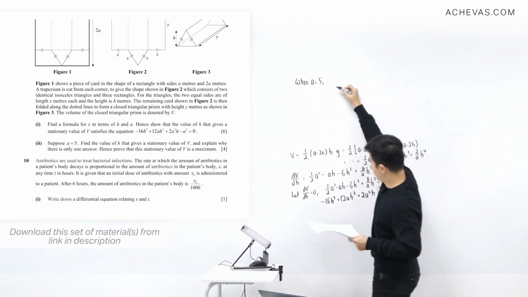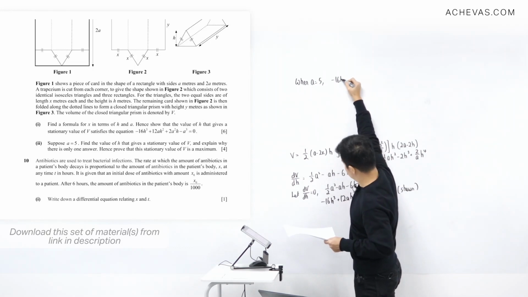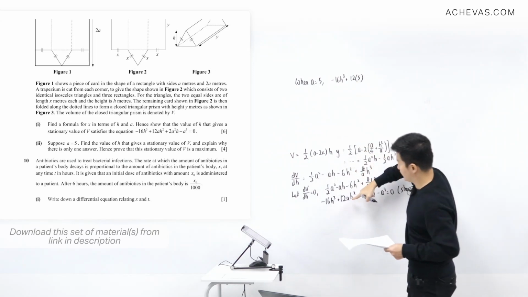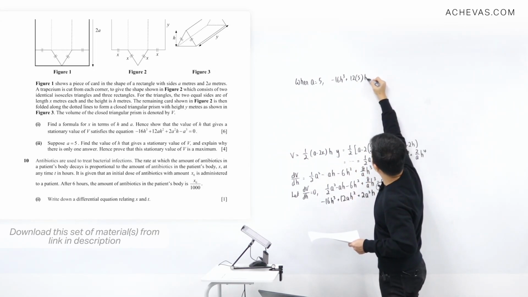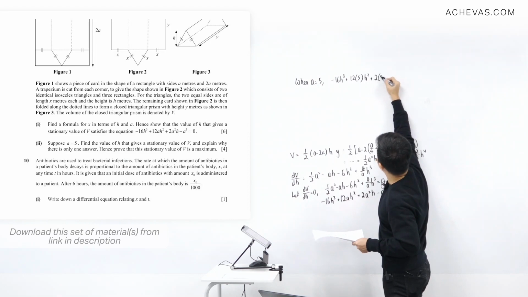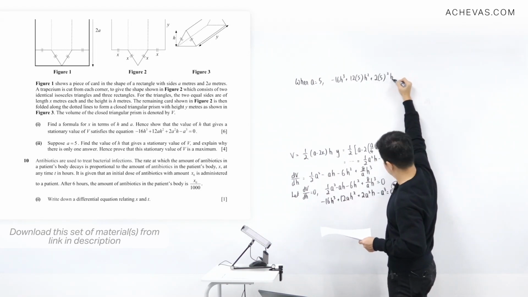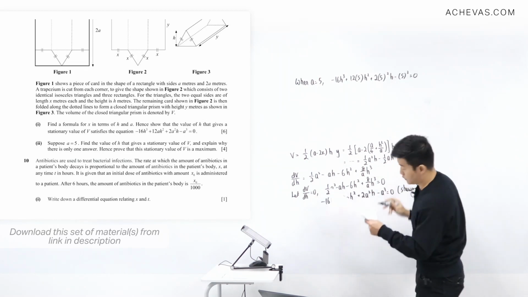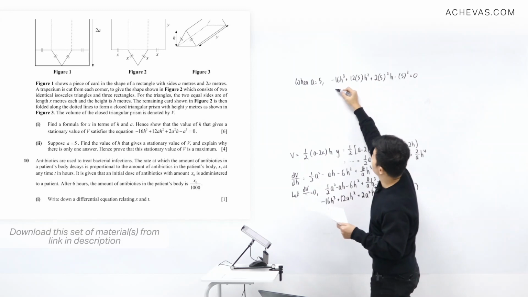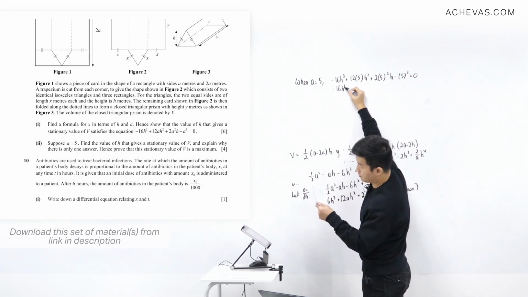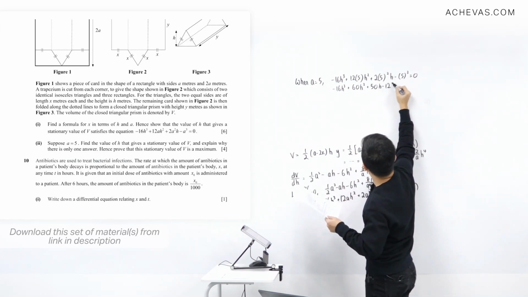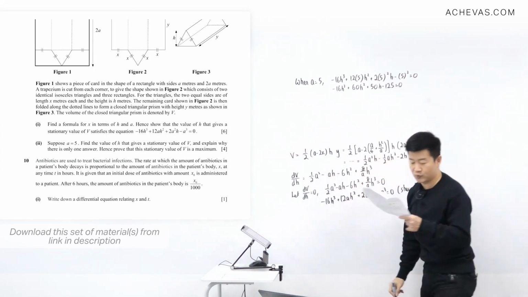So this equation will become negative 16h cubed plus 12 times 5, a is going to be replaced by 5, then h squared plus 2a squared times h minus a to the power of 3. This is equal to 0. And I will be getting this equation, negative 16h to the power of 3 plus 60h squared plus 50h minus 125, equal to 0.